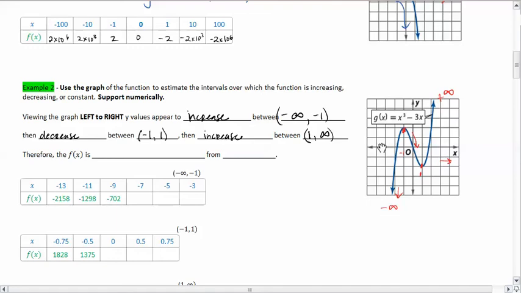You'll notice I didn't use brackets here. We're not exactly sure what's happening at these points. We're not sure if that is an increase or a decrease, so we leave these as parentheses.